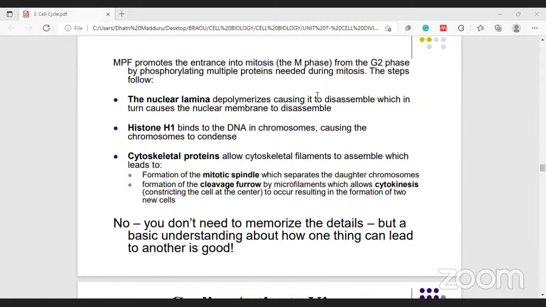So the membrane will disappear. And the H1, that is histone 1 protein, comes and binds to DNA in the chromosomes, and the chromosomes condense, and the cytoskeletal proteins get involved to form the spindle, and cell division is performed if everything is done correctly.